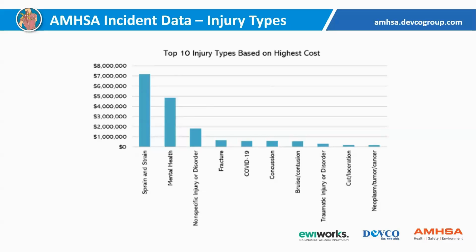And again, keeping in mind these stats are from 2022, so you still see things like COVID-19 being listed there. If you were able to eliminate sprains and strains and mental health issues, that would wipe off a ton of costs associated with the claims that we see in the AMHSA membership.